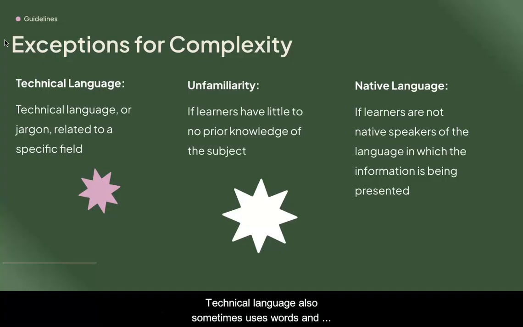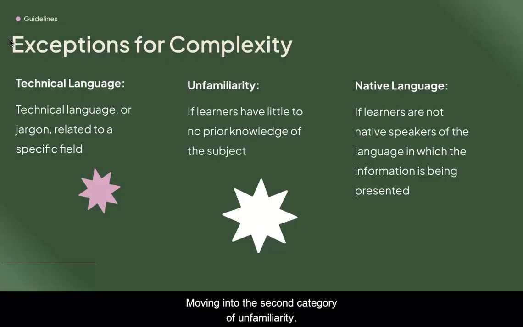Technical language also sometimes uses words and acronyms with a specific meaning that can mean something completely different when relating to another field. For example, a mechanic may use the acronym ABS to refer to anti-lock braking system, while a medical professional may use ABS to refer to the American Board of Surgery.